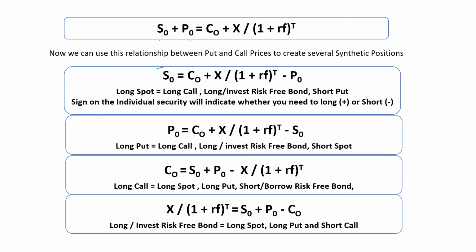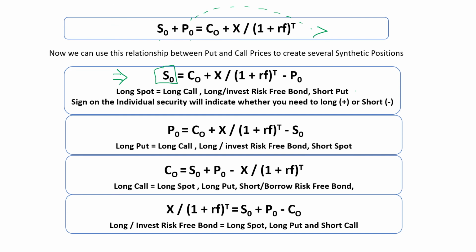So how can we create a position in the spot asset without owning the spot asset? We can do this by just moving the put option to the right hand side of the equation. So when we move the put option to the right hand side, our equation looks something like this. We can create a position in the spot asset without owning it by going long on the call option, going long on the risk-free bond, or investing the present value of the exercise price in a risk-free bond, and shorting a put.